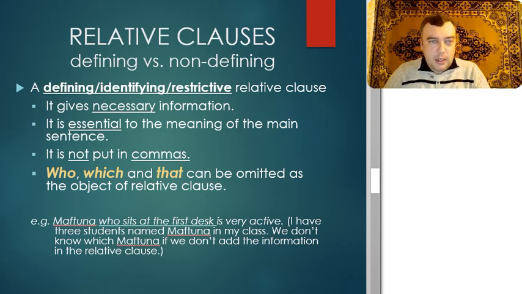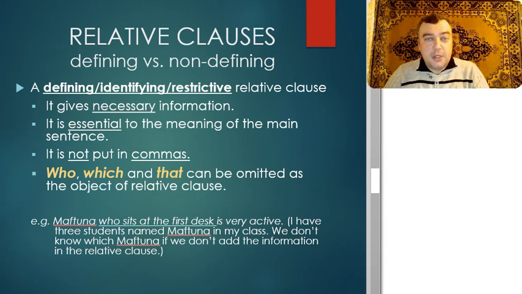A defining or identifying or restrictive relative clause, so three names that it has in different grammar resources. First, it gives necessary information. This information must be present in the sentence in order to make it complete and in order for this sentence to be fully understood by the listener. It is essential to the meaning of the main sentence.